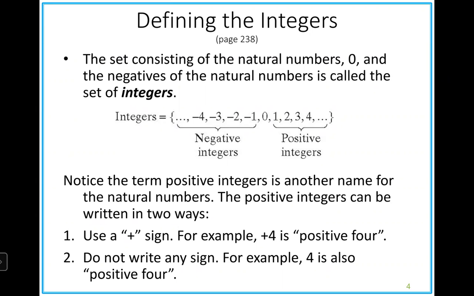Anybody remember what distinguishes natural numbers? What's the first natural number? Miss Nairn, what's the first natural number? 1. Okay. And so it goes 1, 2, 3, 4, 5, 6, and that's an infinite set.